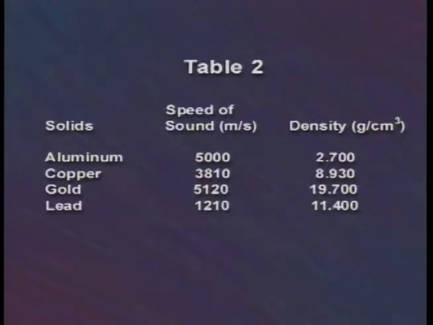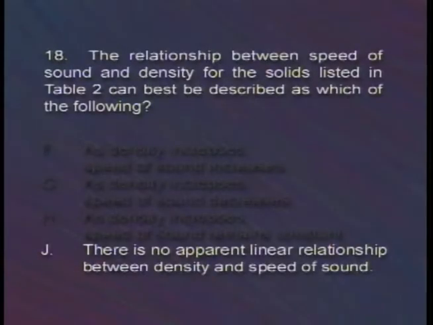Let's put the values of density in order on the x-axis from 2.7 to 11.4. Now locate the values for the speed of sound on the y-axis. Our graph goes down and then rises. Looking at the answer options, it appears that option D is correct. There is no apparent linear relationship between density and speed of sound.